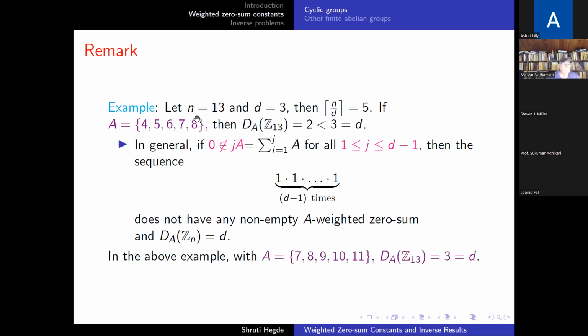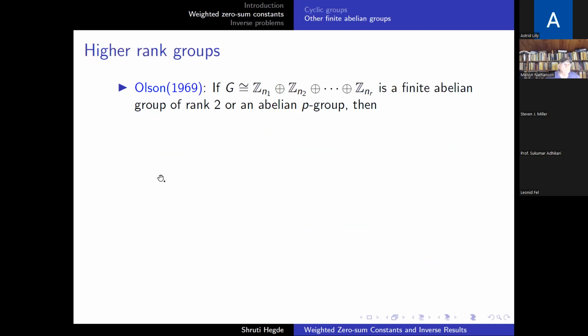So in the above example, with the same values of n and d, if we take A as this set, then we can check that DA(Z13) is 3, which is the value of d. And that happens because 0 is neither in A nor in the set 2A here. So we get equality. It would be interesting to look for some more conditions which ensure equality here. So we have one condition.